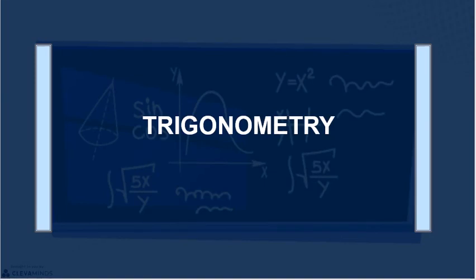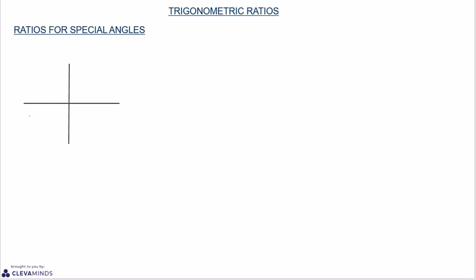Still on trigonometry, but in today's section we'll be looking at ratios for special angles, considering angles greater than 90 already, like 180, 270, and 360. These are other special angles.